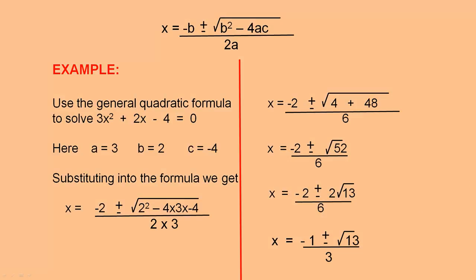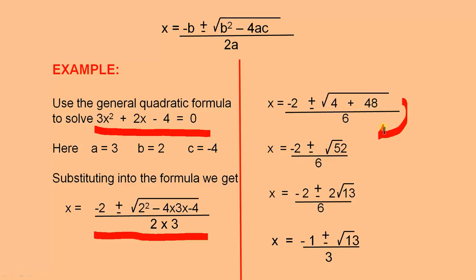Here's another example. We're going to solve the equation 3x squared plus 2x minus 4 equals 0. a is 3, b is 2, and c equals minus 4. Straight substitution into the formula gives us that. Simplifying what we have under the square root sign, 2 squared is 4, minus 4 by 3 by minus 4 is plus 48.